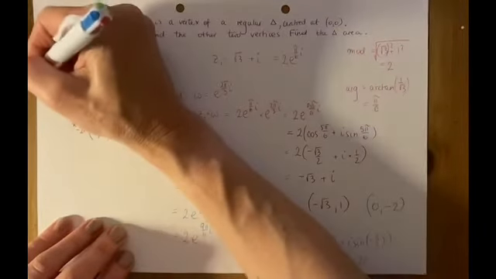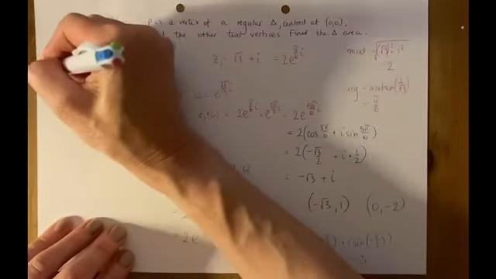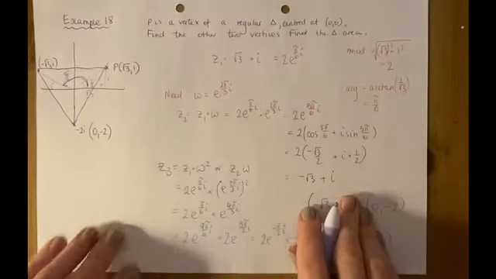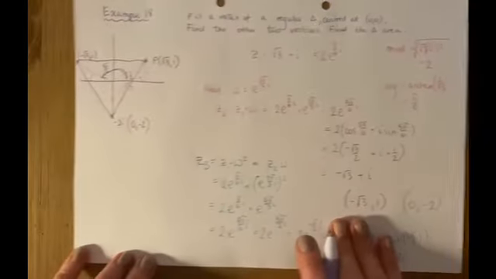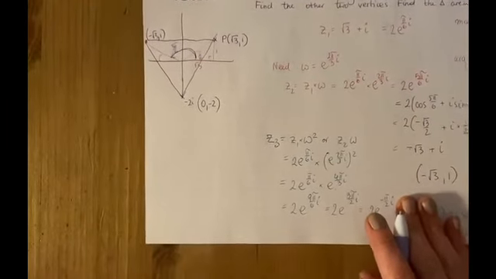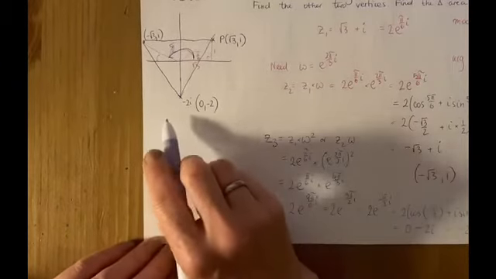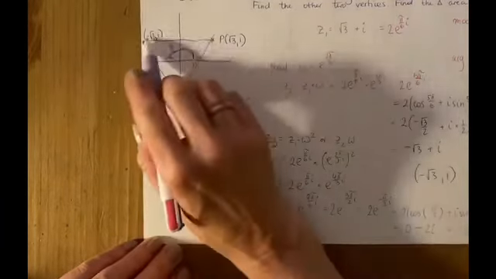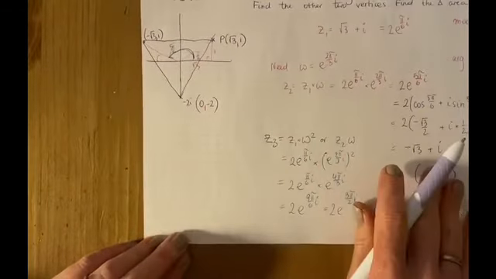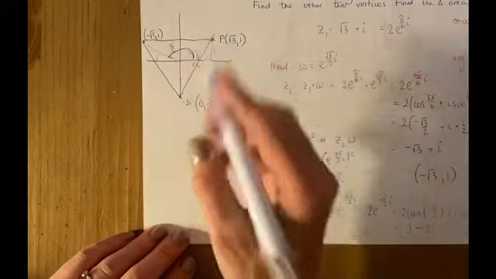Now finally you've been asked to find the area of this triangle. So let me just move it across here. Hopefully you can still see it. Okay, so the area of this triangle, base times height divided by 2. So base goes from minus root 3 to root 3.